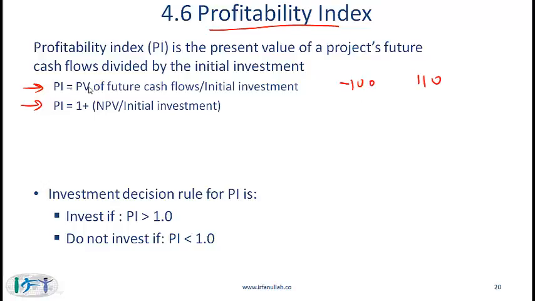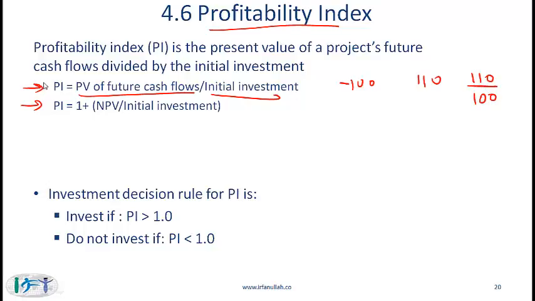The profitability index is the present value of the future cash flows divided by the initial investment. So that would be 110 divided by 100. So that is 1.1.